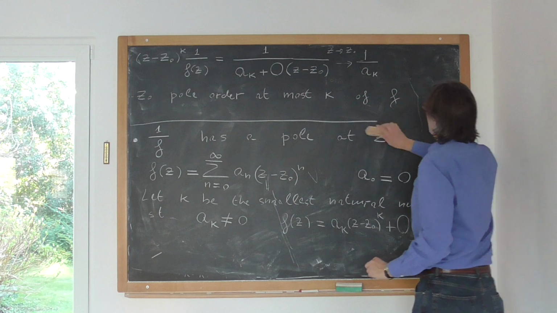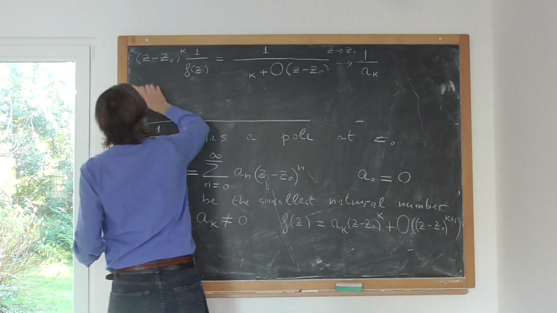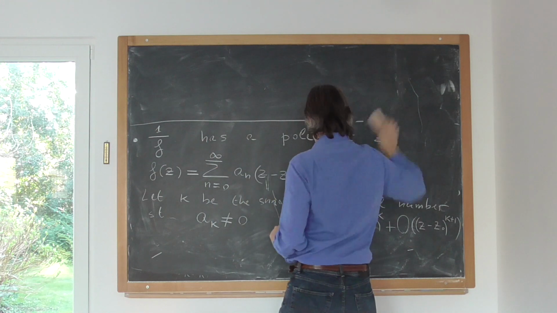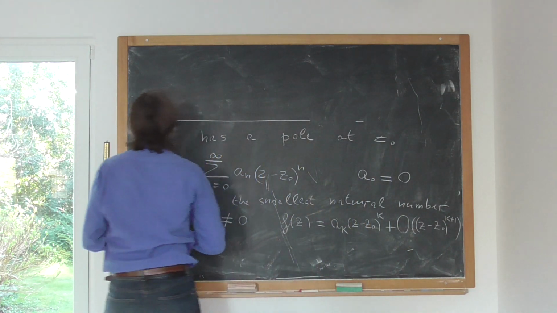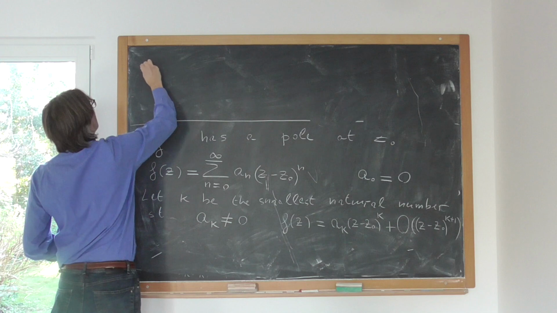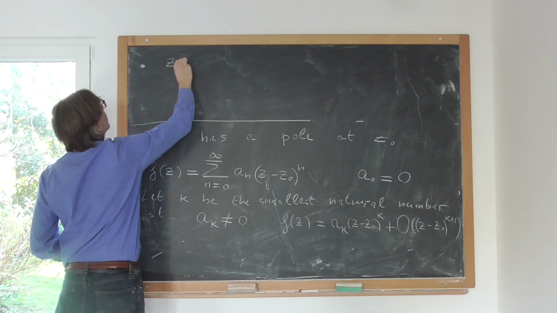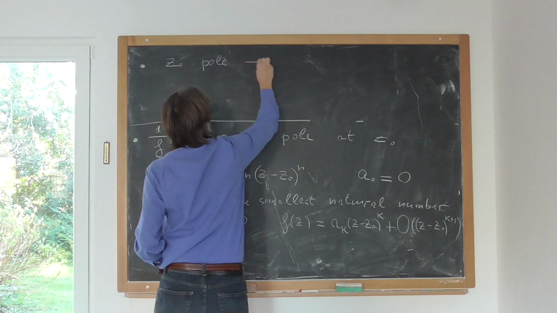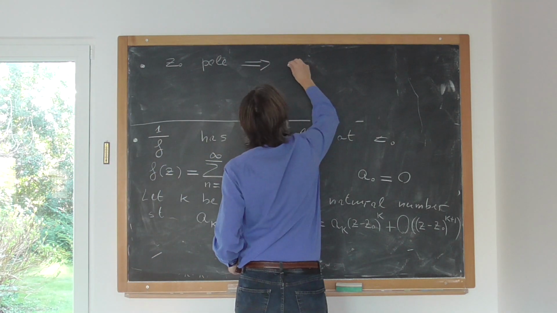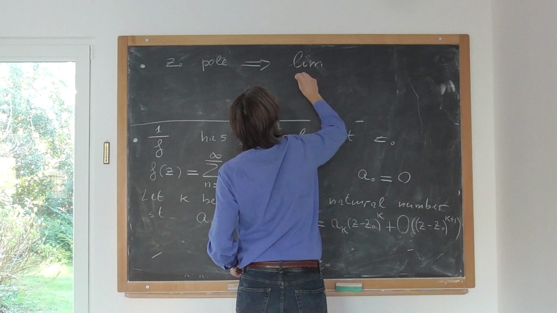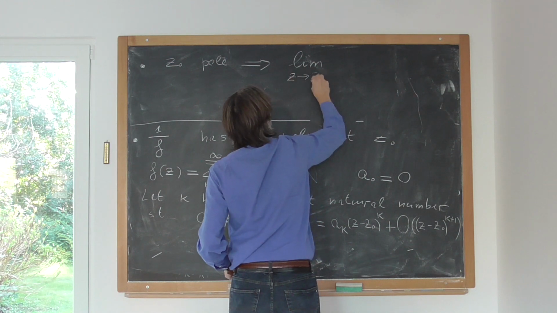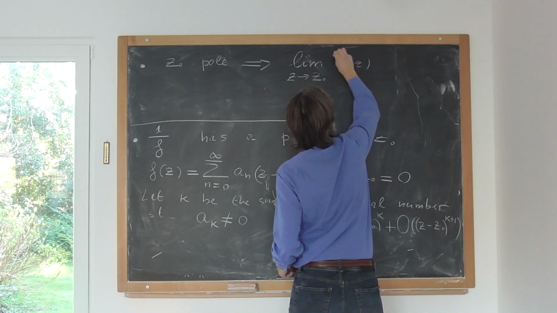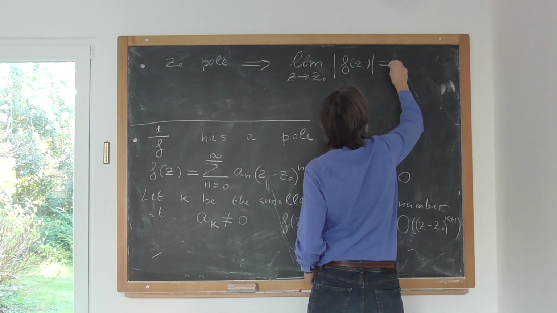I also leave you as an exercise to check the fact that if z naught is a pole, then the limit for z going to z naught of the function f of z in absolute value is plus infinity.